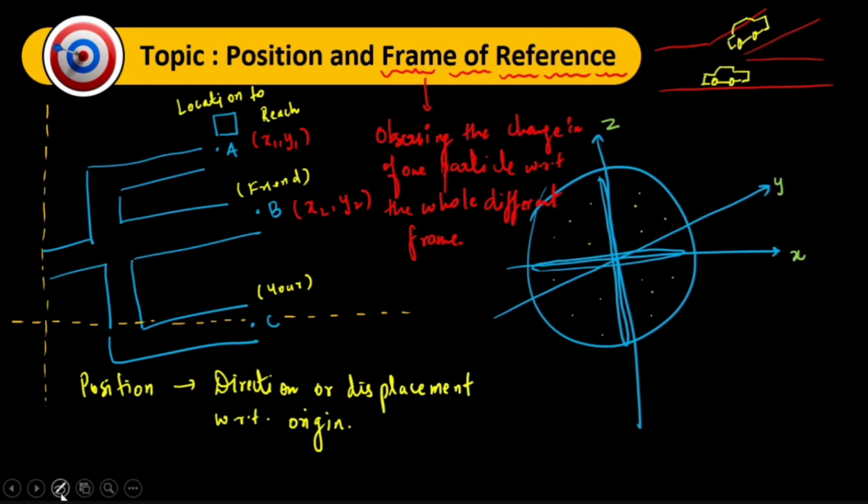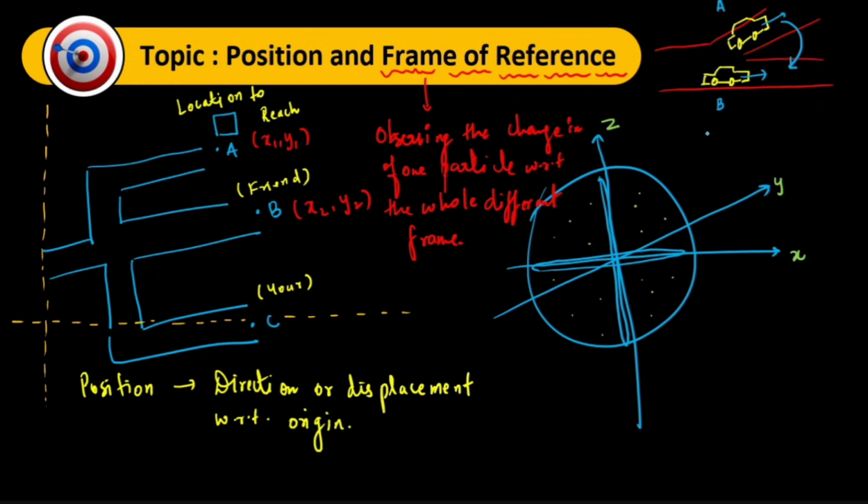So, if a passenger sitting in car A tries to observe the motion of a passenger sitting in car B, in which direction is he actually turning his neck? Just assume that. From whichever direction, in the direction in which this car is going, he is going to rotate his neck to see that person.